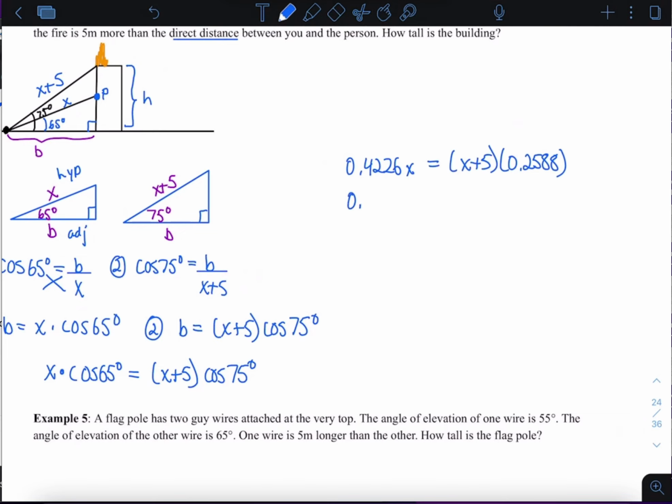I am going to distribute: 0.2588x plus 1.2941. I'm going to bring the 0.2588 over.